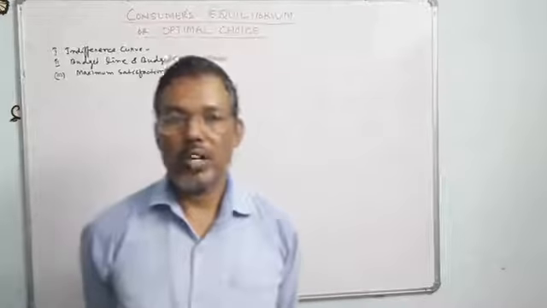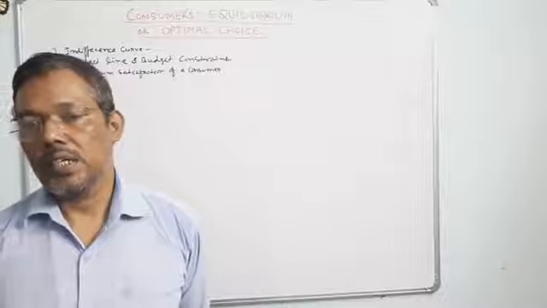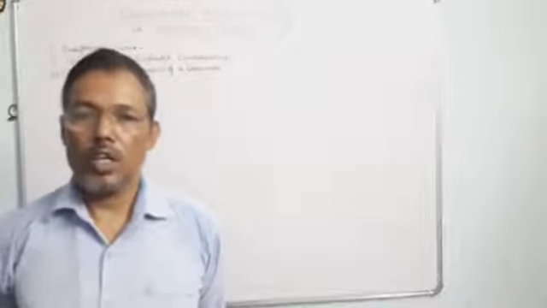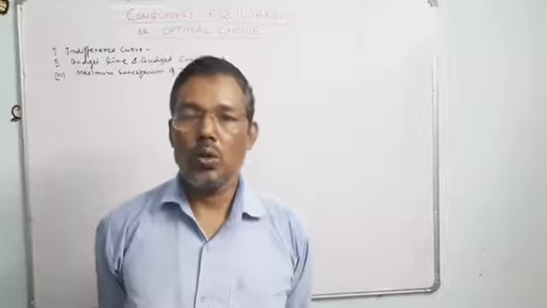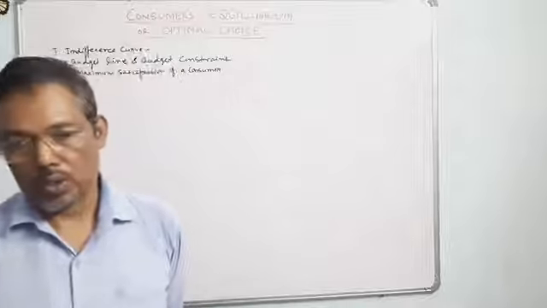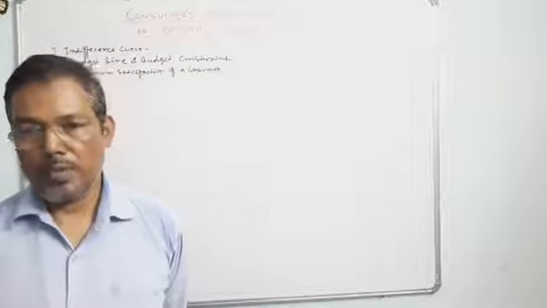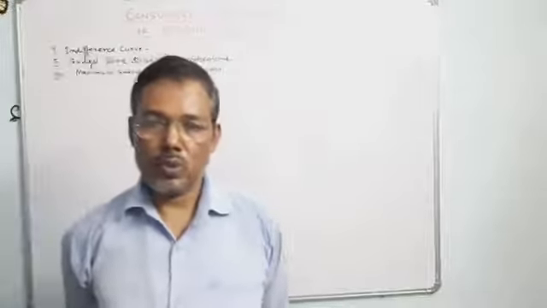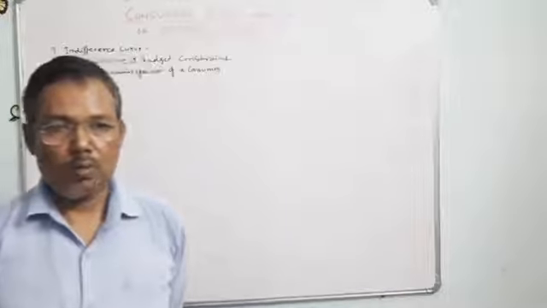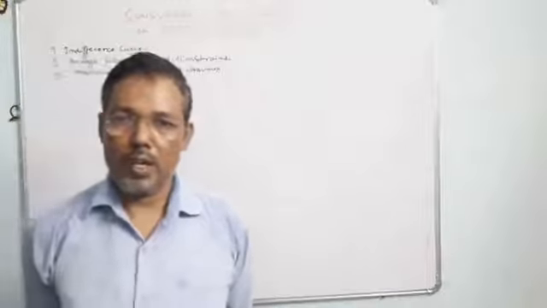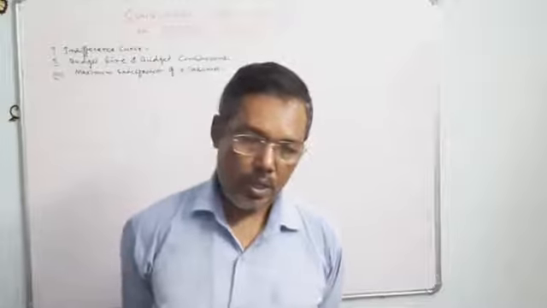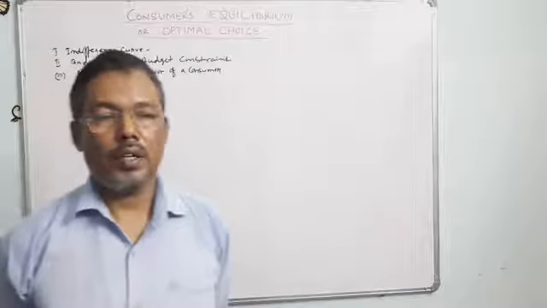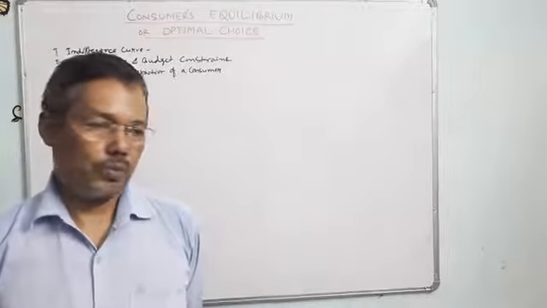In the two commodities case, marginal utility of X upon price X equals marginal utility of Y upon price Y equals marginal utility of money. That was the discussion on the utility approach.